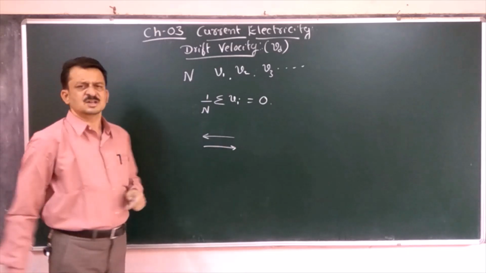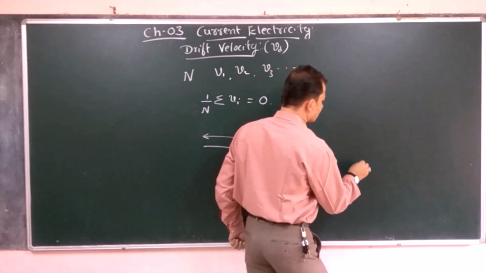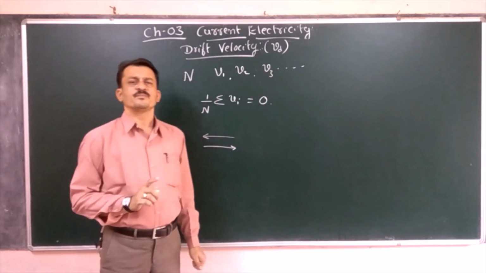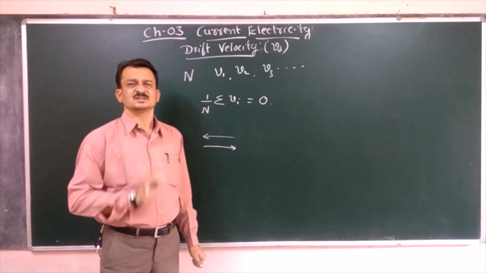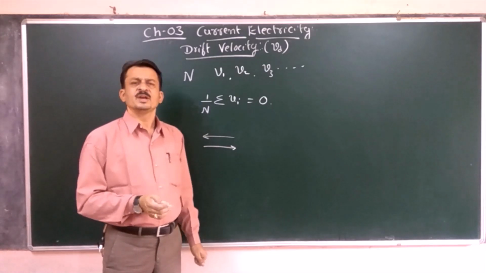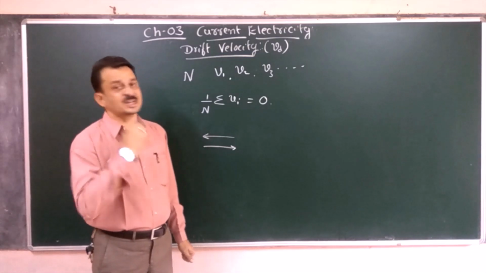But the electrons are moving in random directions. If I draw the diagram, while an electron is traveling, it is repeatedly colliding with positive ions. It loses its velocity. In the next moment, it gains its initial velocity, but the direction changes.